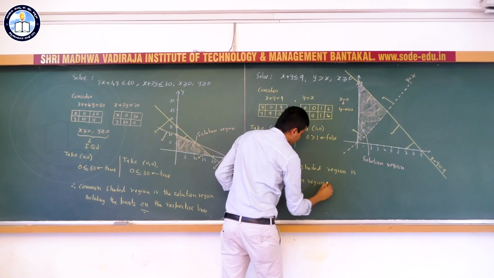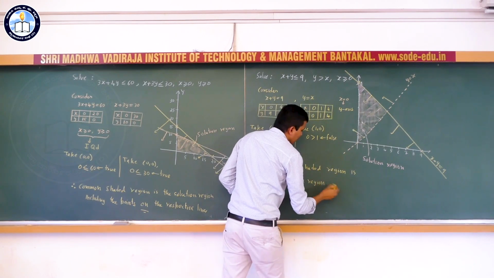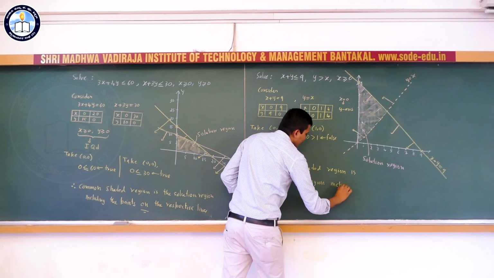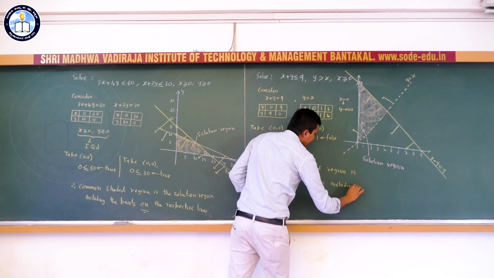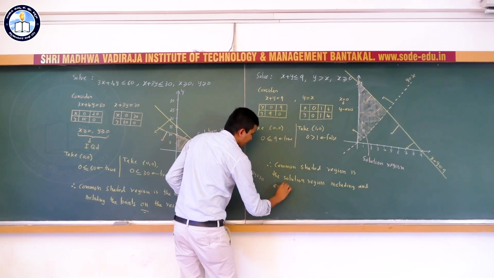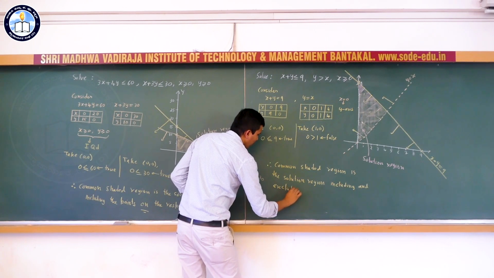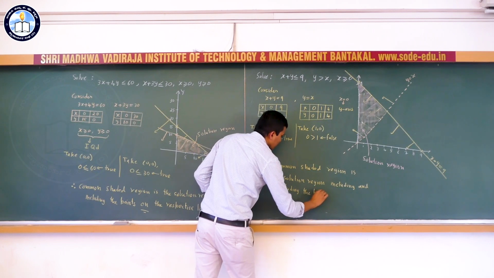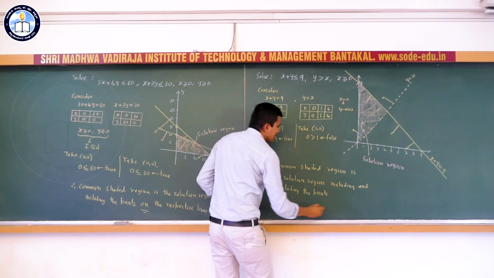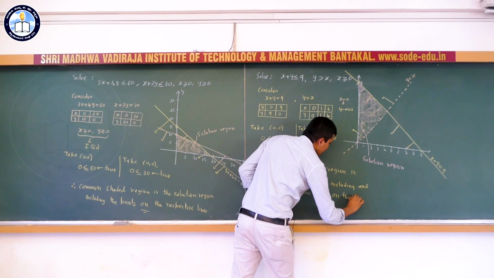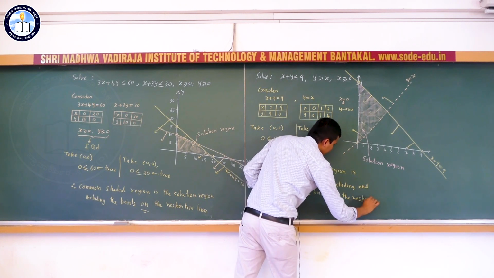So this way I'll write: solution region including and excluding the points on the respective line.